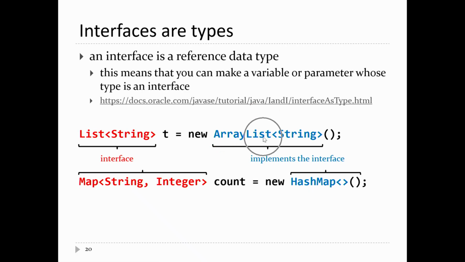So you can say new array list, but you can't say new list. Lists are not classes. They're interfaces. New is only used with classes. So if you want to store something in a list variable, you need to find a class that implements the list interface and then make an object of that class type. Here I have a new array list, and I can store that in a list variable. Here I've got new hash map, and I can store that in a map variable. Map is also an interface.